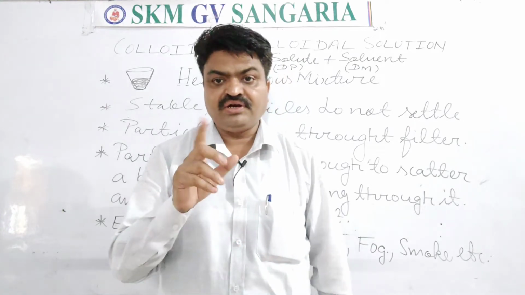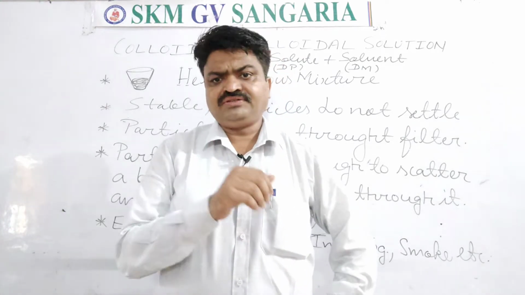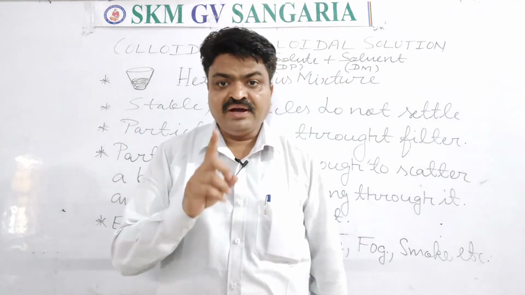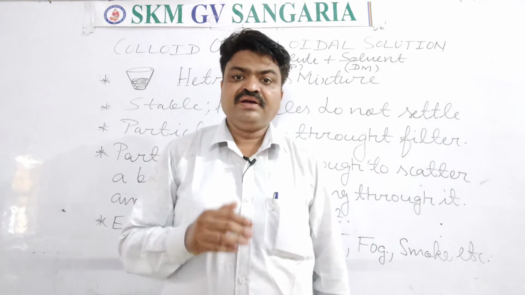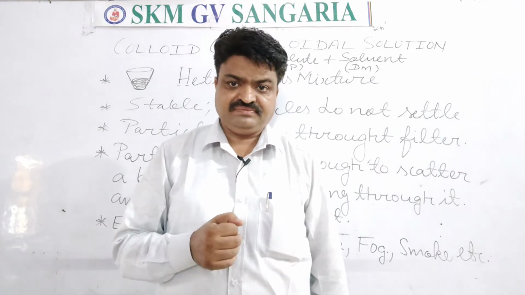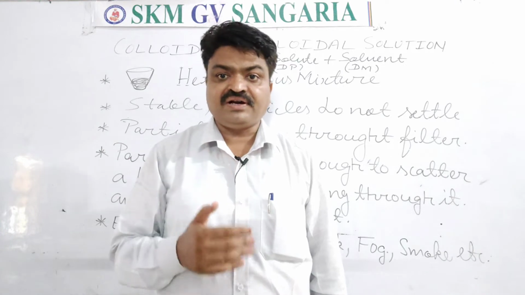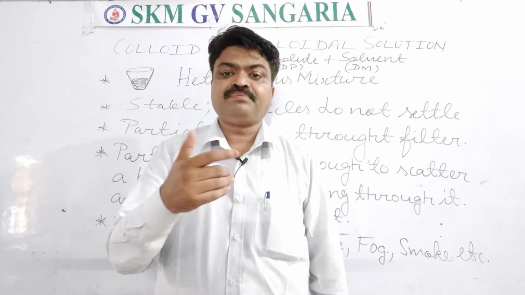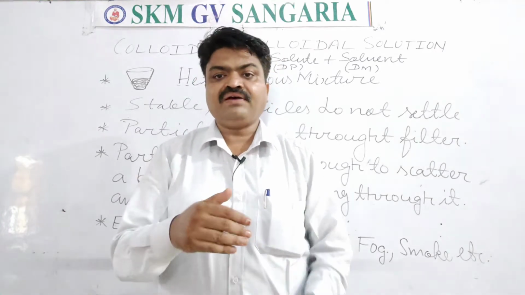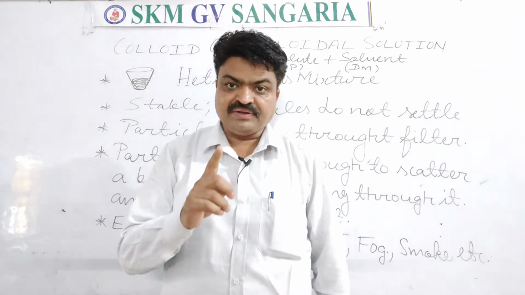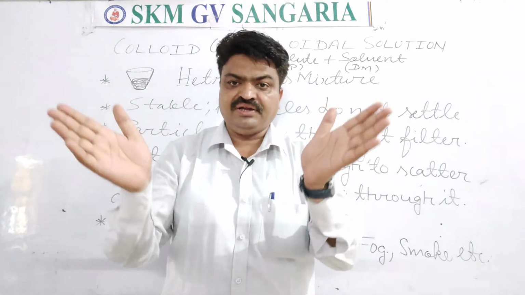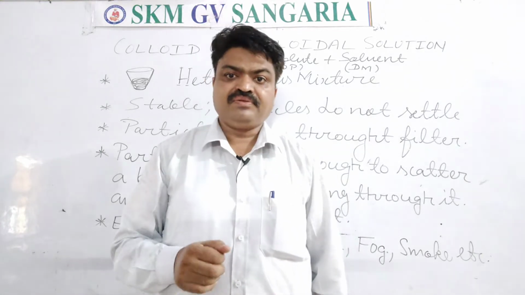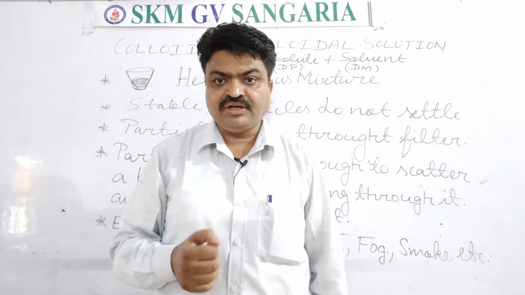Colloid and colloidal solution. Now what is it? In this the solute and the solvent are found, and those solute particles have a very small size if we compare them with suspended particles. They have a smaller size, but they have the ability to scatter light, and they show the Tyndall effect.